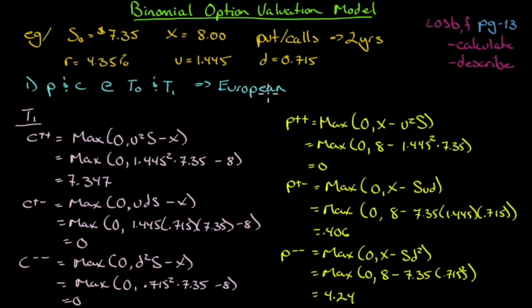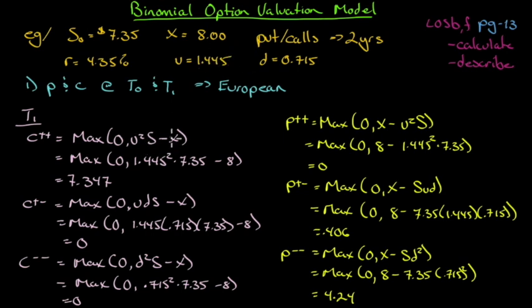It's easy enough that we can figure it out this way. Remember I said we don't really have to draw out the tree. The option value 2 periods from now is going to be the maximum of either 0 or the stock price minus the strike price. Well, what will the stock price be? If we're going up 2 legs, it's u squared, because we'll multiply 7.35 by 1.445 and then multiply it again by 1.445.